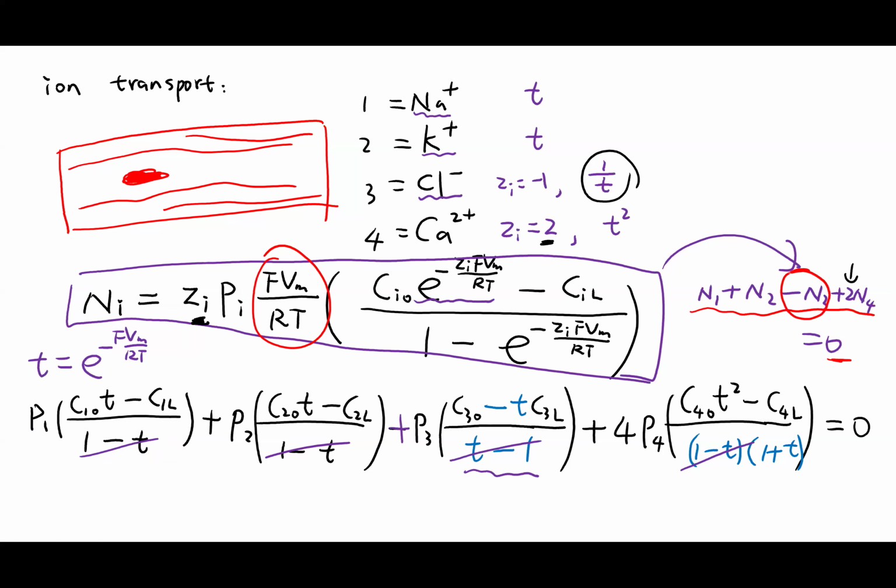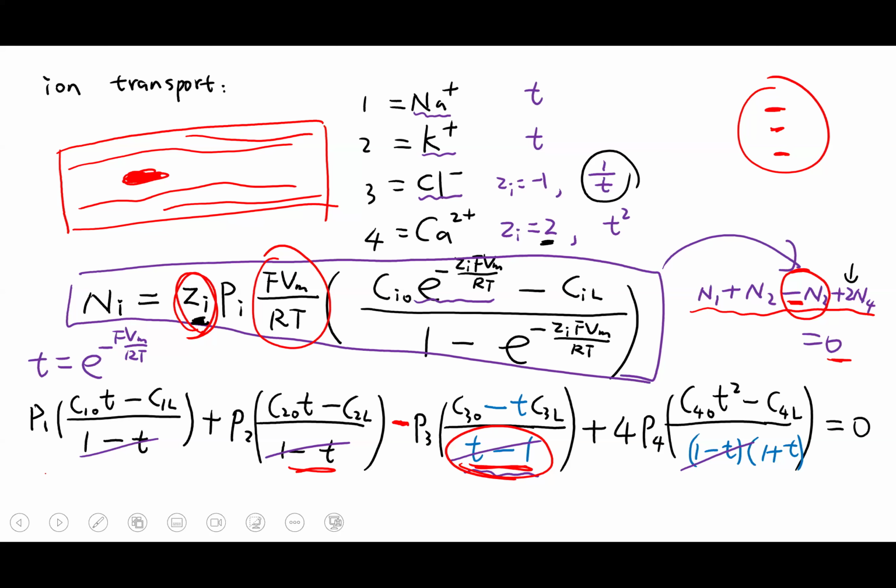And then you have one of this to change the sign. So eventually this thing should still be negative. You got it? So you have 3 negatives. The first negative is here. The second negative is from the Zi. And the last negative is from changing the T minus 1 to become 1 minus T. So you have 3 negatives, and eventually this one is still negative. Okay?